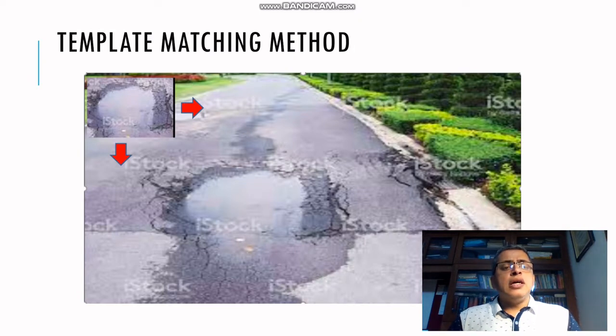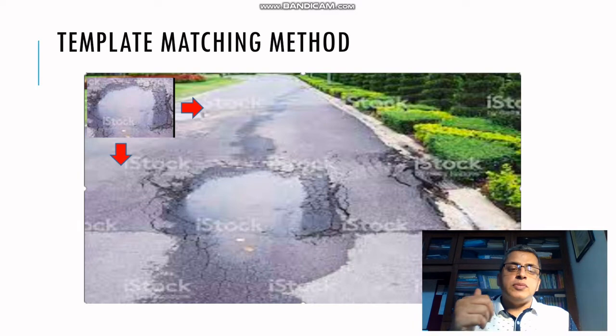Let's look at the earlier methods which were used for object detection. One of the earlier methods was template matching. As the name suggests, it is a very simple method. You create a template of the object which you want to detect, and you slide it across an image.